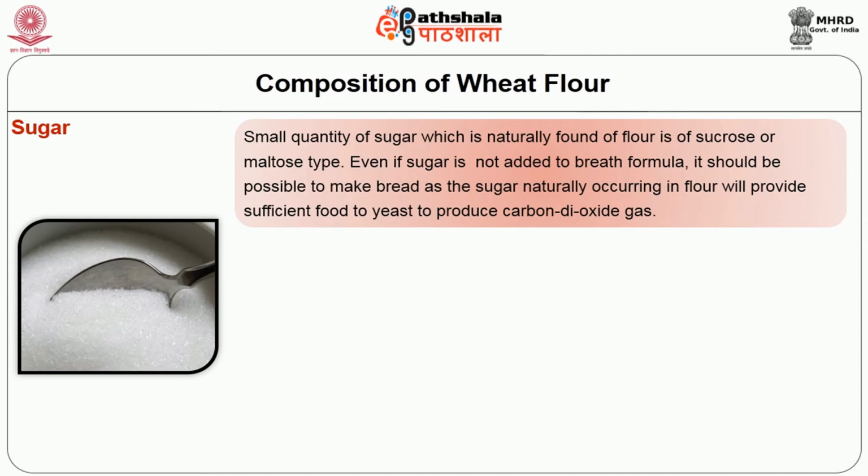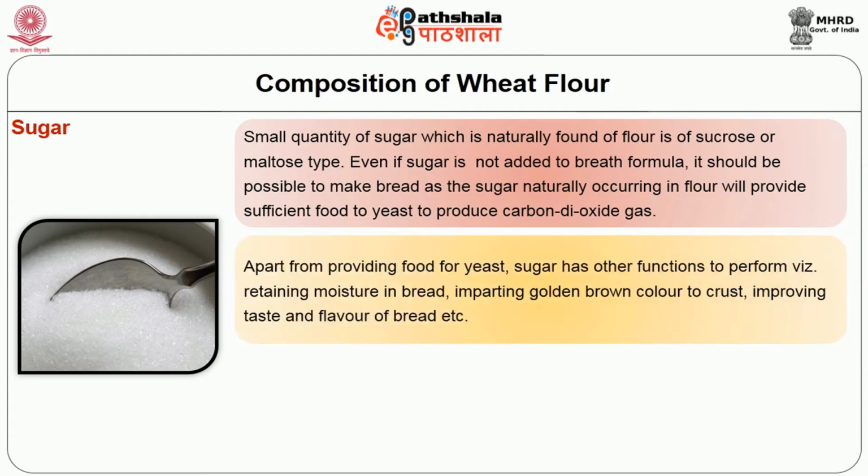The small quantity of sugar which is naturally found in the flour is called sucrose or maltose. Even if sugar is not added to the bread formula, it should be possible to make bread, as the sugar naturally occurring in the flour will provide sufficient food for the yeast to produce carbon dioxide gas.